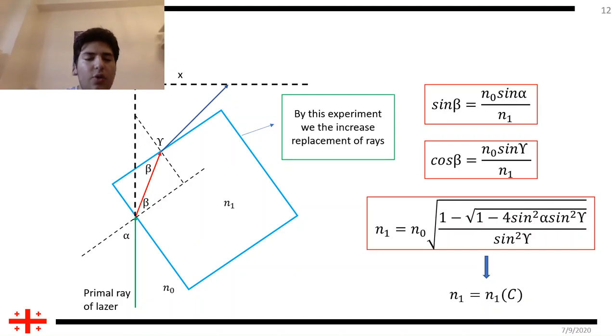So we conducted the same experiment for different concentrations and measured each distance between the first and the second beams. Then, using Snell's law, we connected the refraction index and the distance.